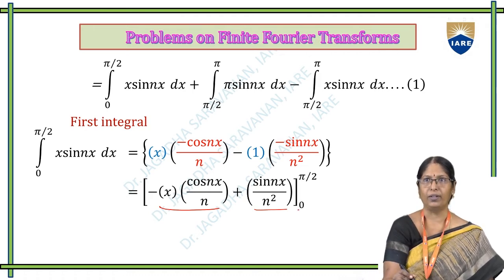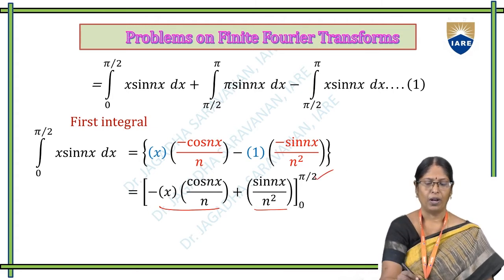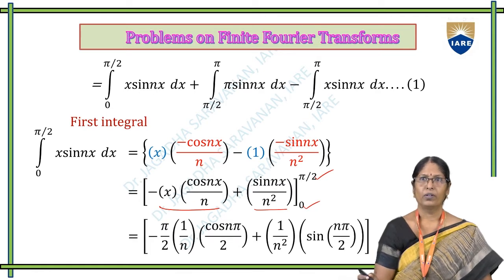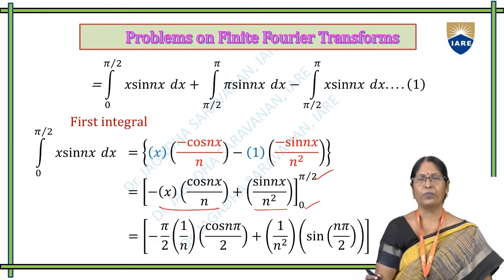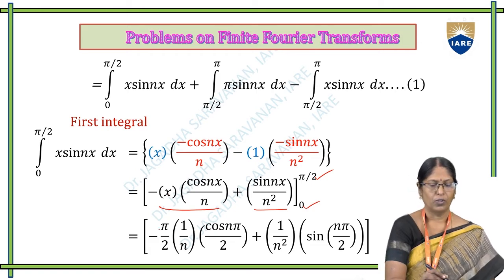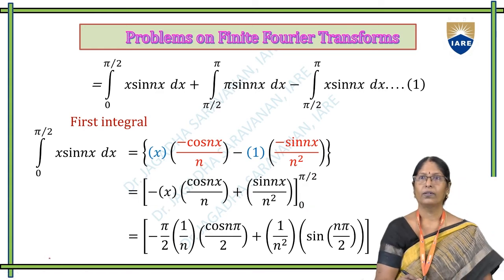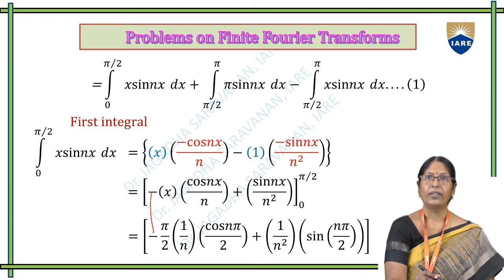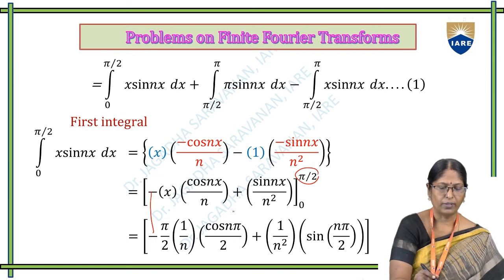After simplifying like this, with each term having a single sign, we will substitute the limits. Upper limit is pi by 2, our lower limit is 0. Now in the place of x we are going to substitute the upper limit. So minus, x takes the upper limit value, that is cos.